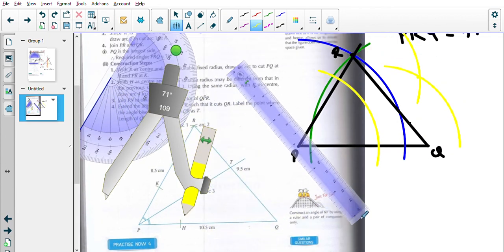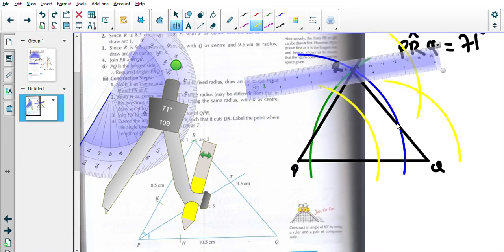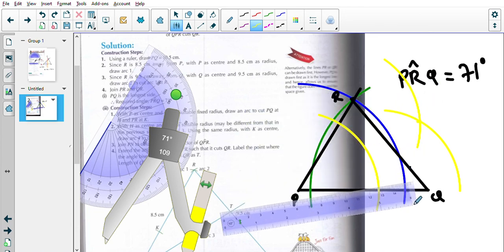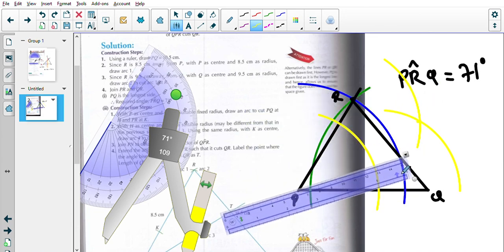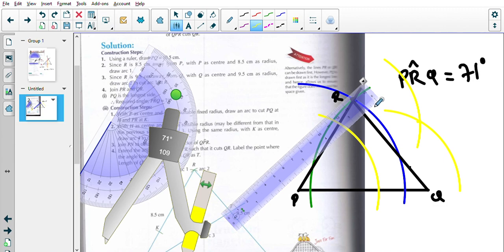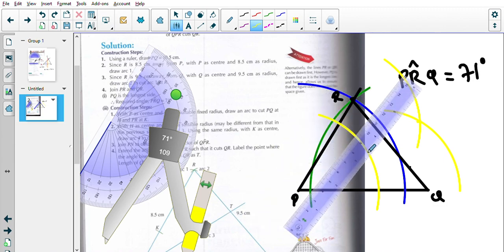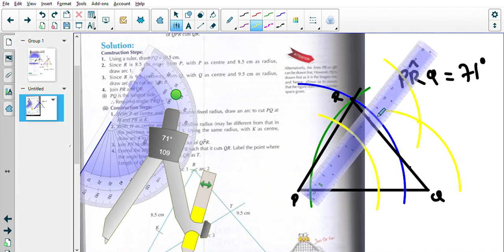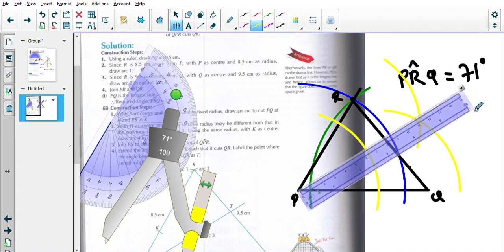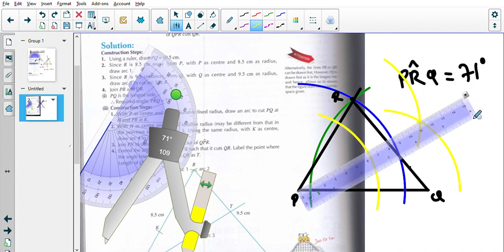Now I will take my ruler, and wait just a moment here. I have to adjust this ruler first to make sure it is accurate. Alright, now make sure that, okay. Now we have already done.